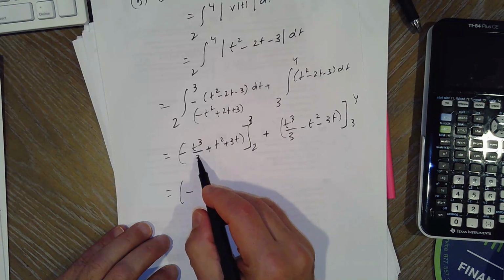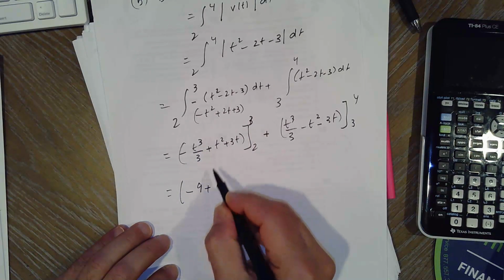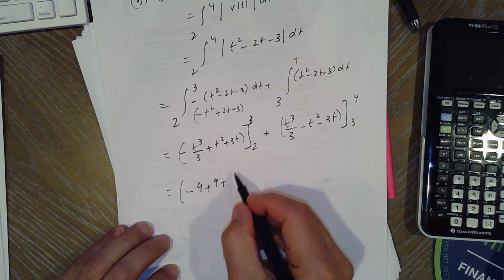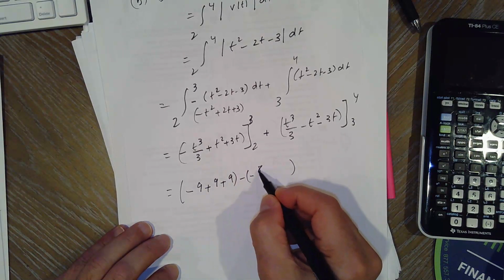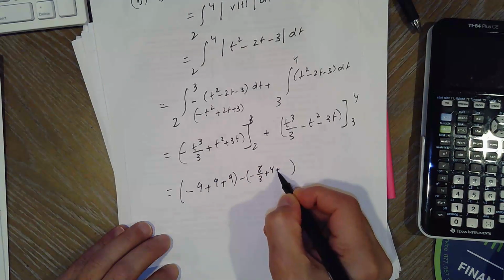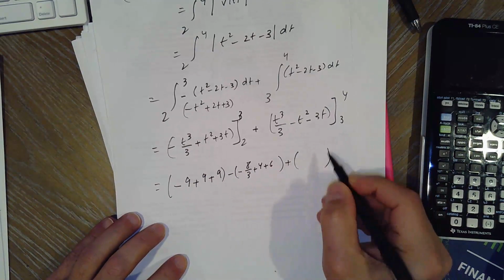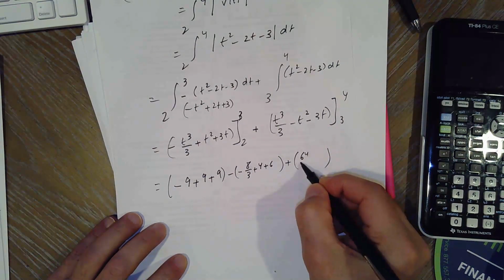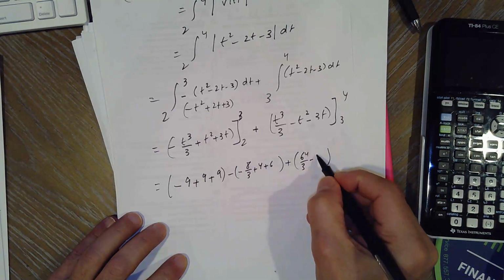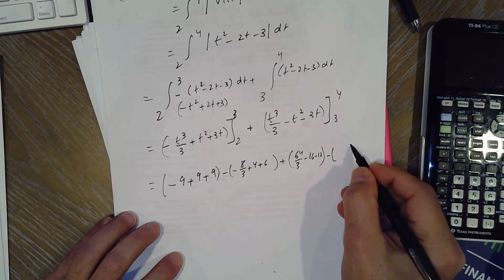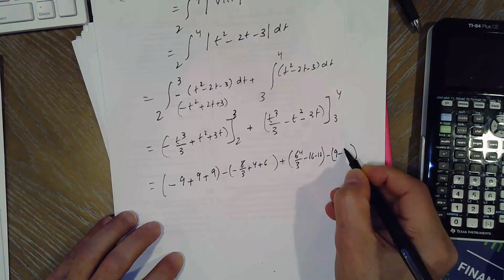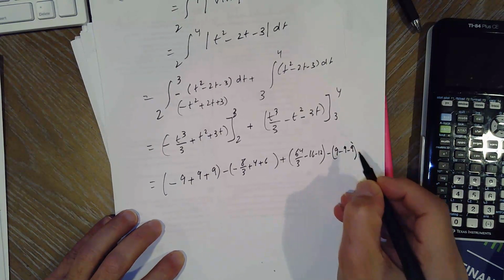If you plug 3, 27 over 3 is 9, 3 squared is 9, 3 times 3 is 9. Minus, plug the 2's: negative 8/3 plus 4 plus 6. Plug the 4: 64 over 3 minus 16 minus 12. And then plug the 3: that's 9 minus 9 minus 9.